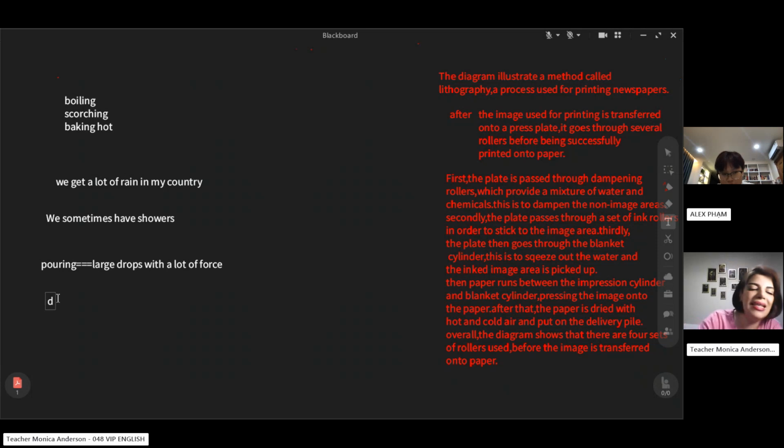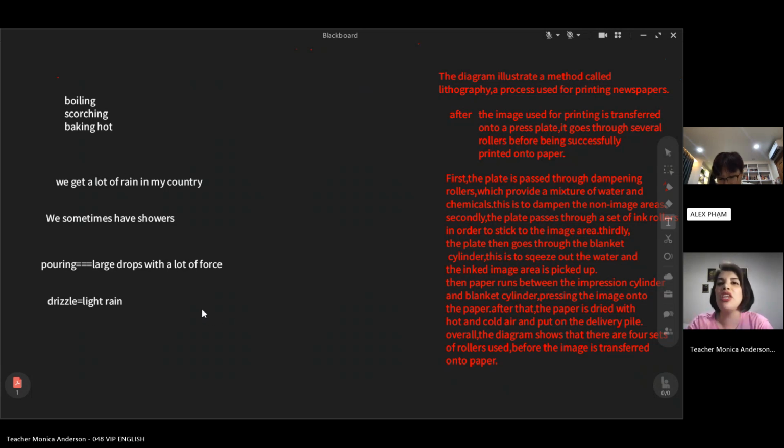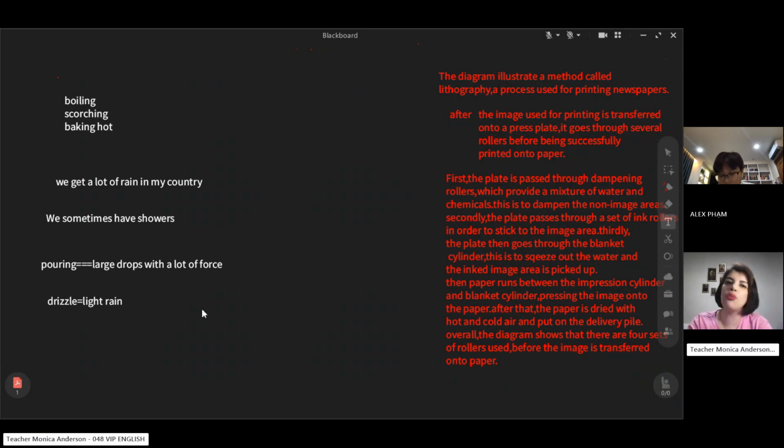Or maybe it's drizzling, light rain. So it's drizzling, light rain, or it's pouring, or maybe, as I told you, it's showering. So when talking about the rain, you can use present continuous or present simple. Both are correct.